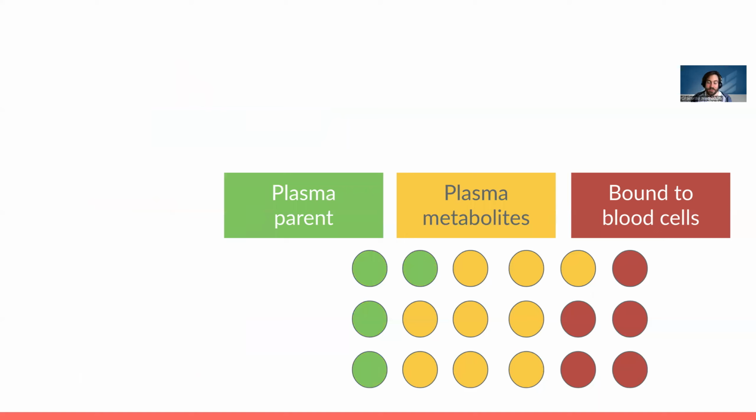But the next issue is that not all of that radioactivity is actually attributable to the parent compound itself, the compound that binds to our target. Let's say this is our compound, and over here is our radionuclide. As it travels through the blood, as it passes through the kidneys or the liver, they might metabolize it. They might chop it up into smaller pieces.